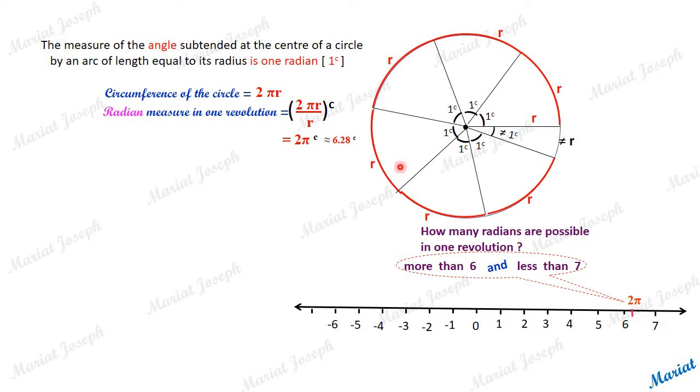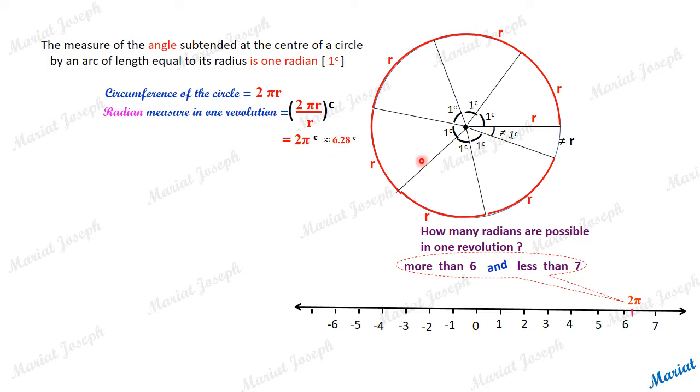So that is exactly speaking 6.28 radians. So we have 1, 2, 3, 4, 5, 6 full radians and 0.28 radians more to complete the rotation. So in one full revolution, the angle covered in radians is 2 pi radians, or in other words 6.28 radians.